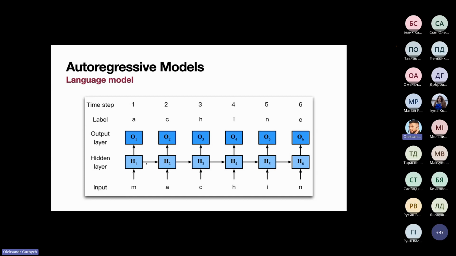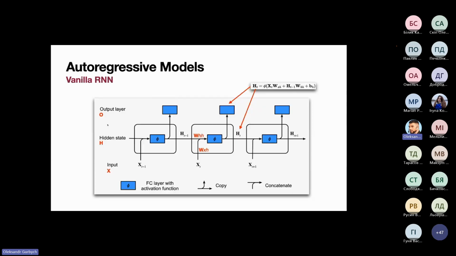Those are outputs and those are hidden states. The idea is that hidden states, which are sets of weights, become a model of this word generation. Now let's talk about what we put where. You have X, which is every symbol, and you have hidden states from the previous element. This is a fully connected layer with some activation function.